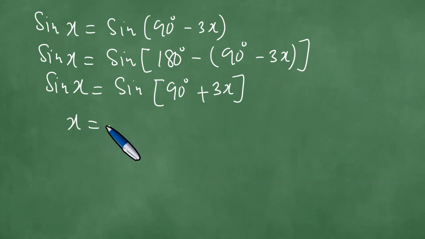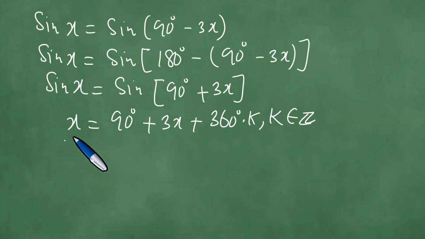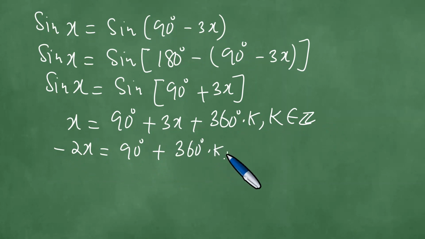So this means x equals 90 degrees plus 3x plus 360 degrees by k, where k is an element of Z. And this is minus 2x equals 90 degrees plus 360 degrees by k, where k is an element of Z.